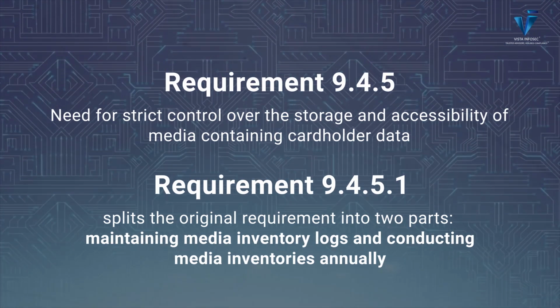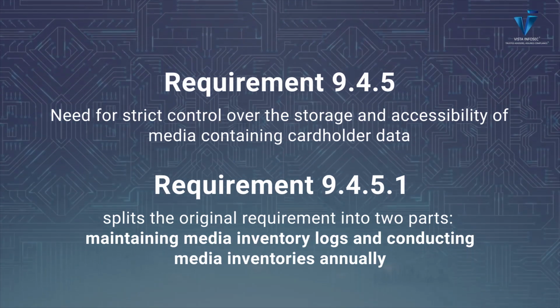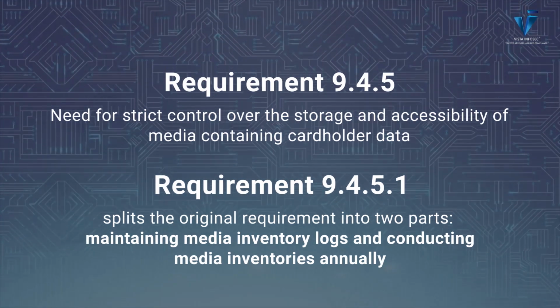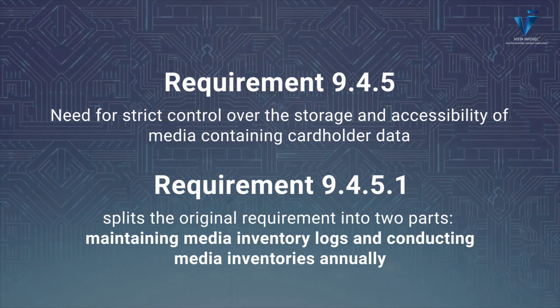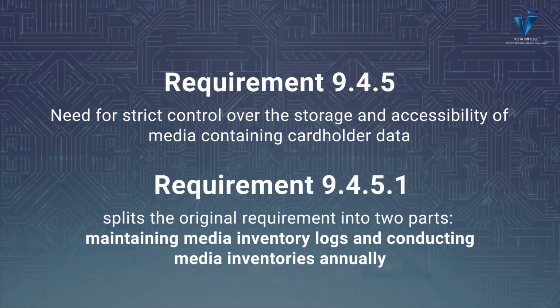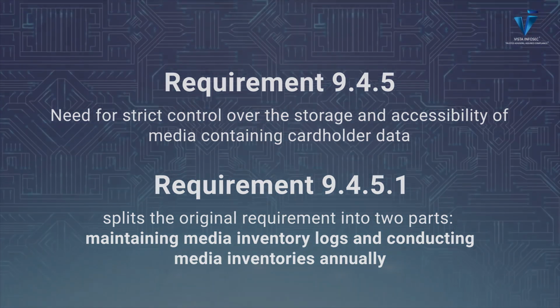One, maintaining media inventory logs and conducting media inventories regularly on an annual basis. This ensures that media is securely managed and regularly accounted for as a part of a comprehensive security approach.